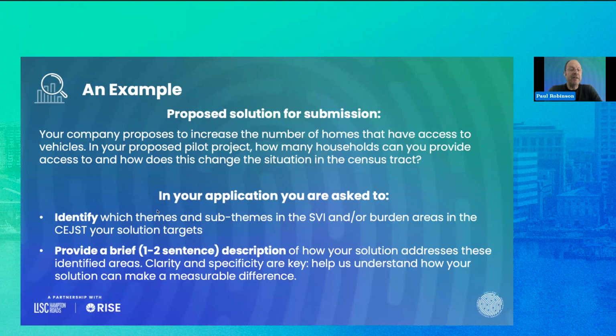In your application, you're asked to identify the themes and sub-themes in the SVI and CEJST, or they can be both or one, and provide a 1 to 2 sentence description of how your solution addresses these areas.